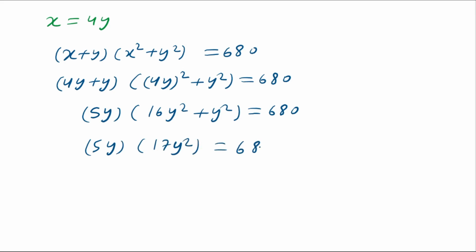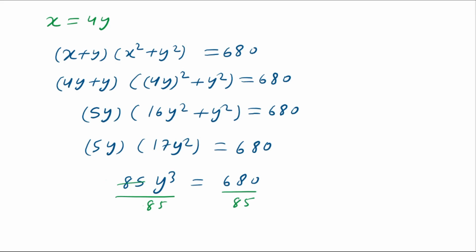Now 17 multiplied by 5, then you will get 85. y multiplied by y square, then you will get y cube, and this is equal to 680. Now divide both sides by 85. On the left hand side divide by 85 and on the right hand side divide by 85.